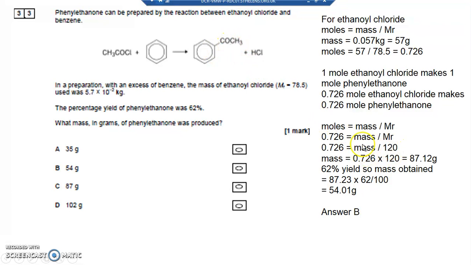So my Mr is 120 for phenylethanone. Number of moles, 0.726, is mass divided by 120. Multiply the two numbers together: 87.12 grams of phenylethanone, assuming 100% yield. I've only got a 62% yield, so I multiply by 62 and divide by 100. I've got 54.01 grams, B.